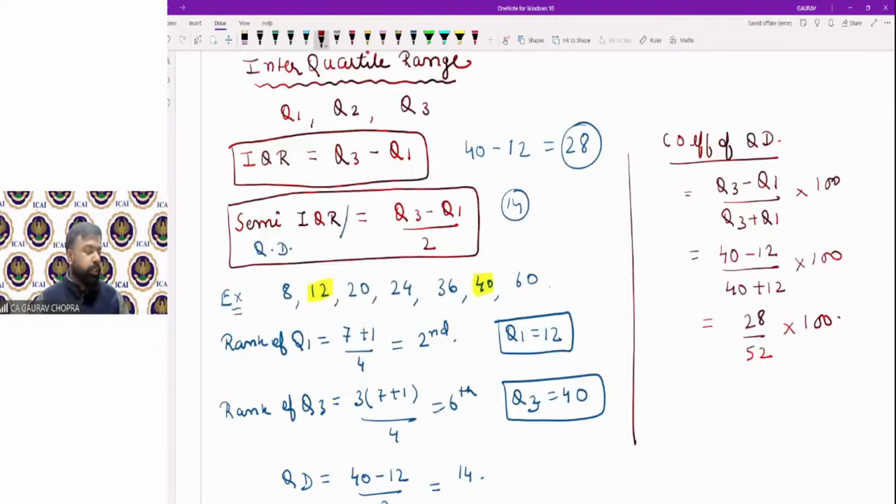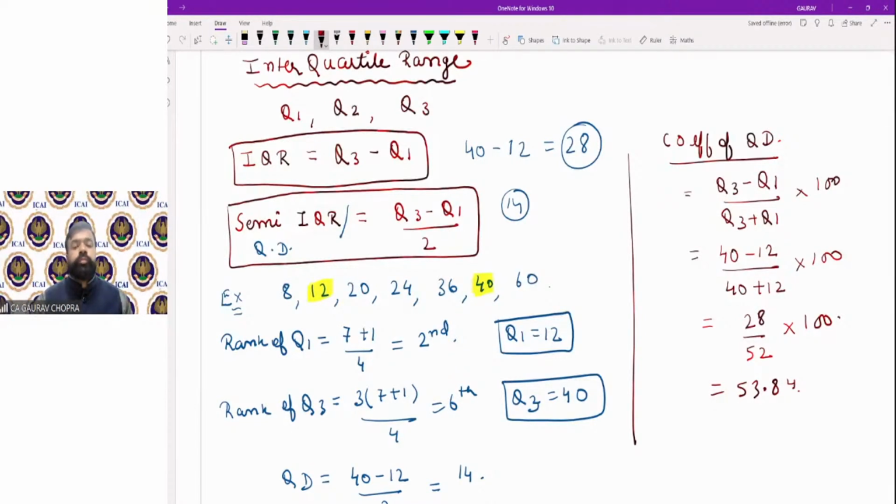So who is giving the answer? Kameshwari, Anuj, Kinjal, Akansha. I'm waiting for your answers. Yes. So everybody has given 53.84 or 85. Perfect. 53.84 or 85. This is the answer.